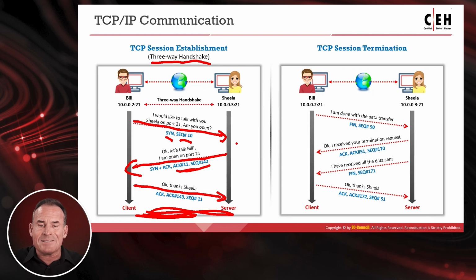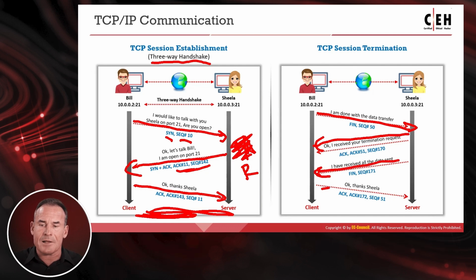I expect a SYN-ACK from an open port. I'll get an RST if the port is closed. I'll get no response if the host is down or if it's being filtered. A normal TCP session termination, a graceful session termination, is a FIN sequence. You get a FIN, you get an ACK, you get a FIN, and you get an ACK.